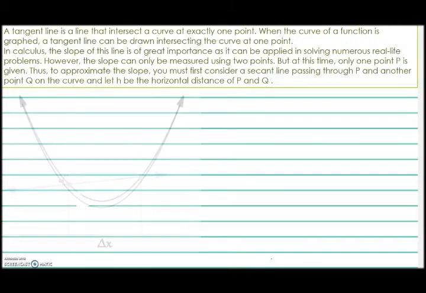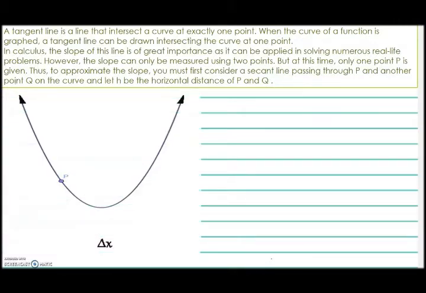Now, a tangent line is a line that intersects a curve at exactly one point. Now, when the curve of a function is graphed, a tangent line can be drawn intersecting the curve at one point.